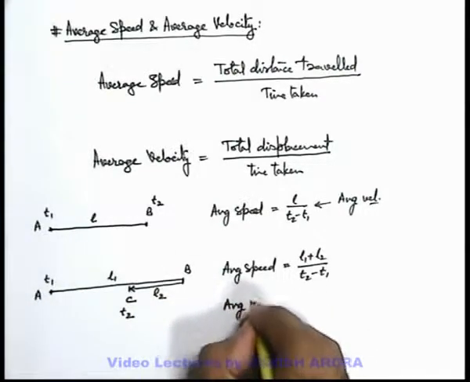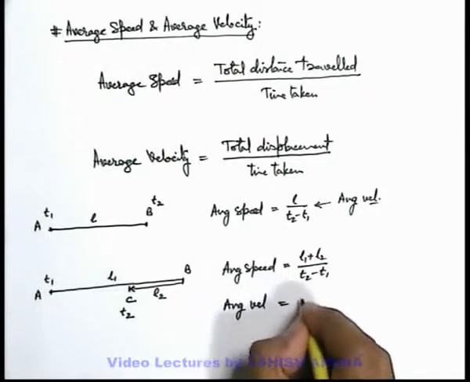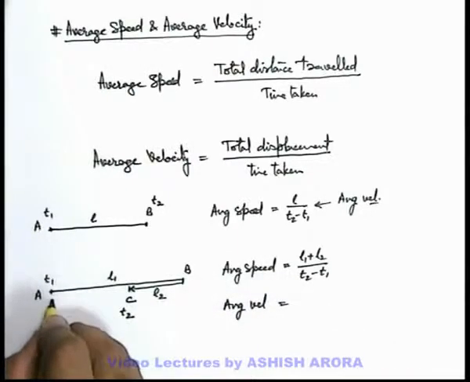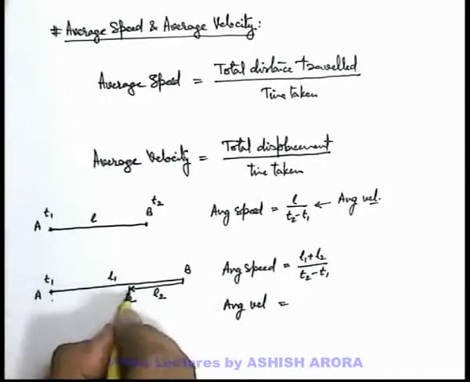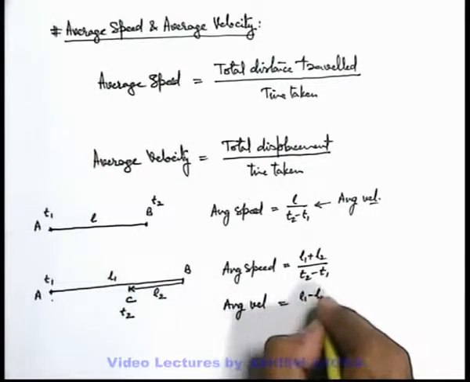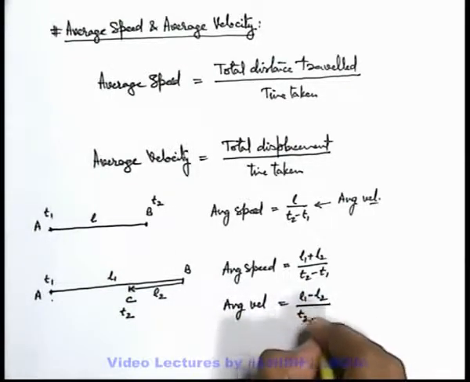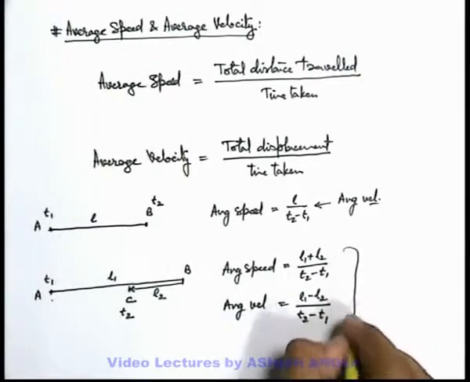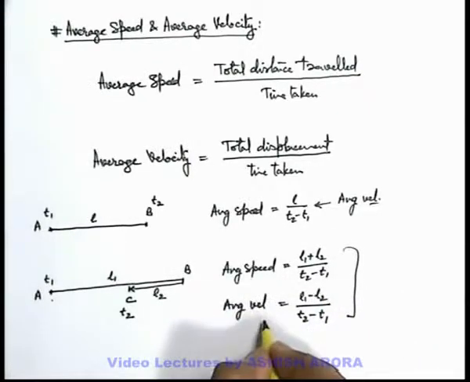And the average velocity can be written as displacement upon time, so here displacement will be L1 minus L2, and time remaining the same, that is t2 minus t1. That's the basic difference between average speed and average velocity.